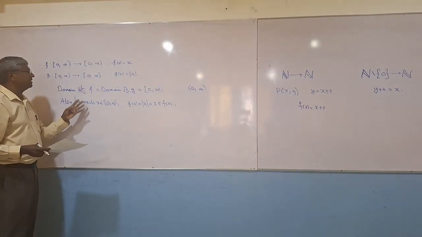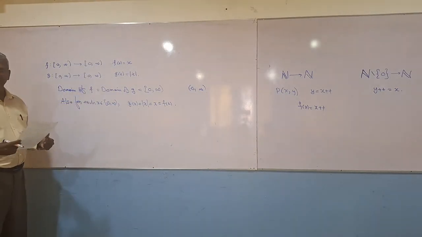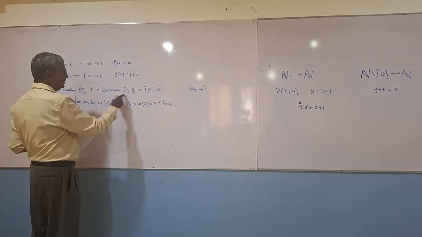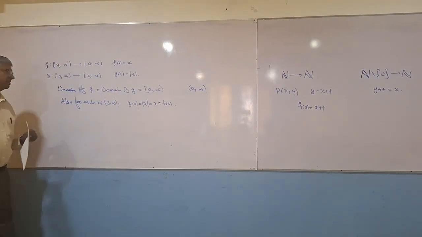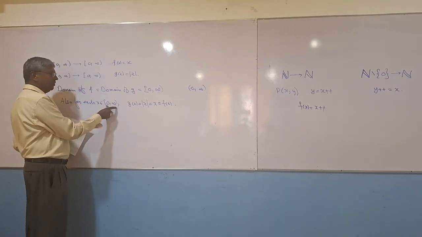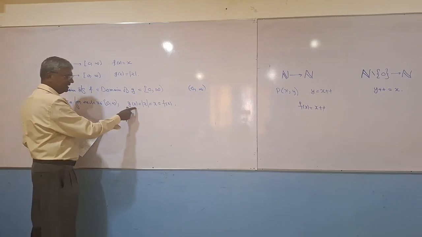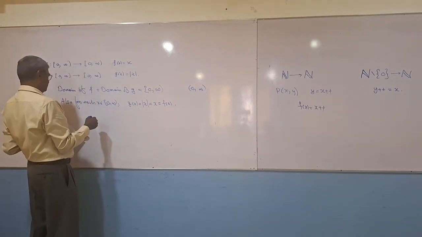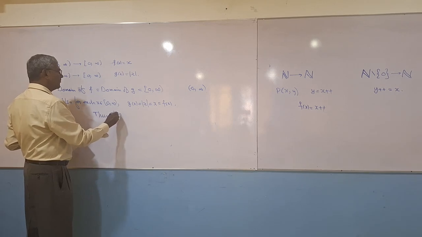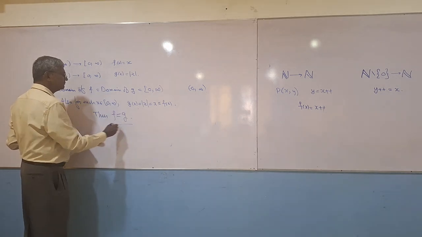So can you see here, they are different looking, but I have shown, of course they have the same domain, and then I have shown for any element in the common domain, g(x) and f(x) are equal for each x. Thus, f is equal to g.